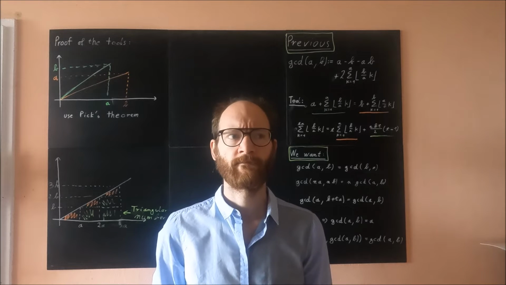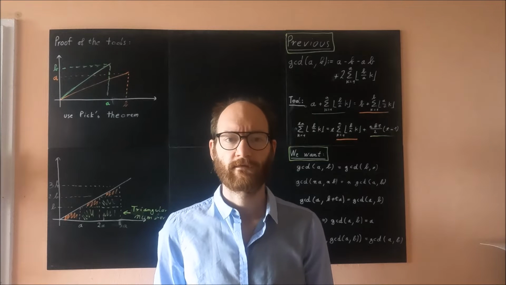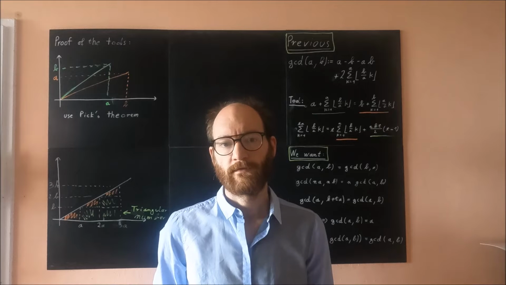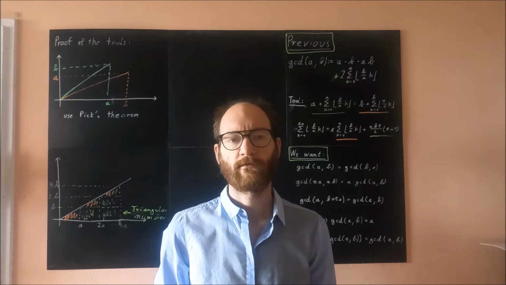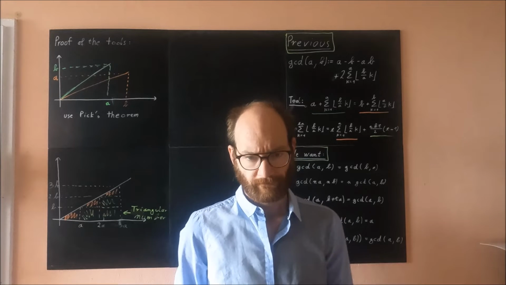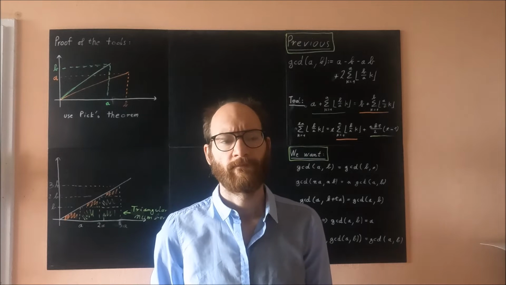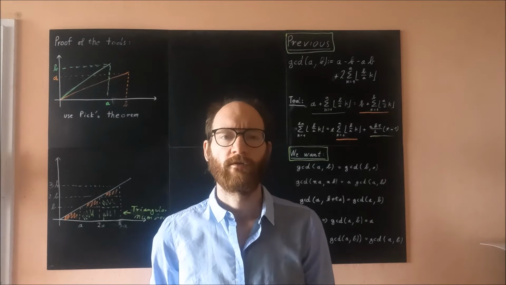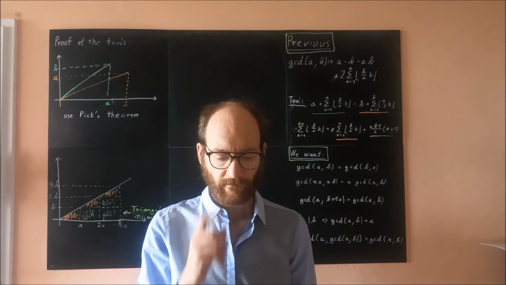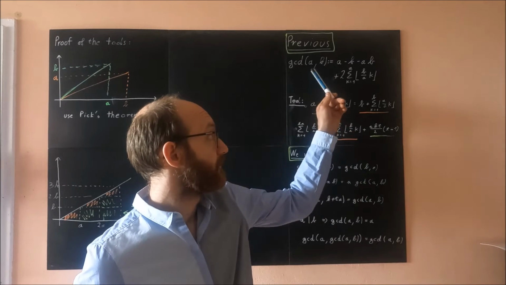Pick's theorem is about calculating areas of convex polygons in the coordinate system where all the coordinates of the points are lattice points, and then there is a formula for the area using the amount of lattice points on the boundary and the amount of lattice points in the interior, and that's how we can derive this formula.